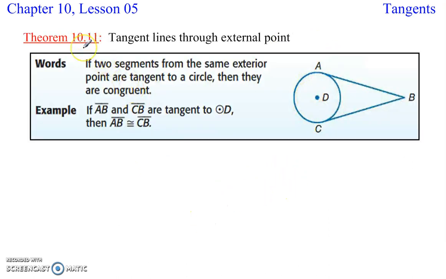Okay, Theorem 10.11. Tangent lines through an external point. Okay, so we have a point here. From that point, if two segments from the same exterior point are tangent, then these two are congruent.